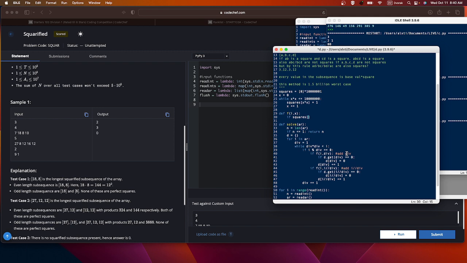Yeah, x is our base, so x has to be 0. And the other one has to be, if div times div equals I, then I is a square. So, okay, we don't even have to consider that case.